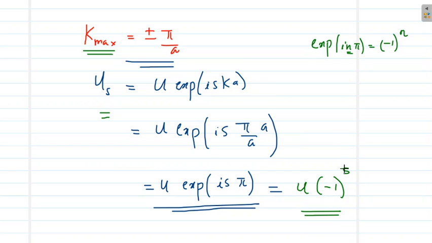For example, the second plane will be oscillating with u_s equal to u, and for the third plane u_s will be equal to minus 1 whole cube, which is minus 1, so minus u, and so on. So adjacent planes will be oscillating in opposite phases, and they will actually constitute a standing wave and not a propagating wave.